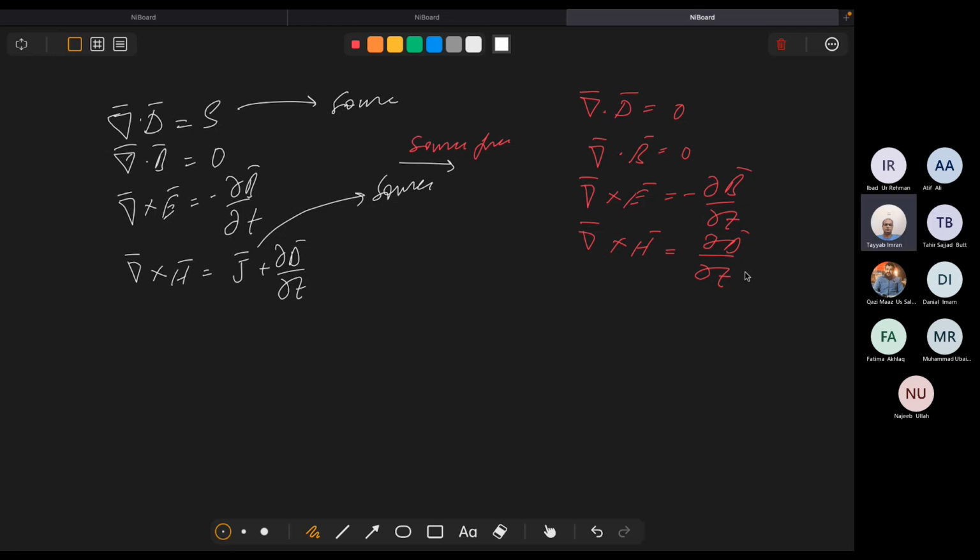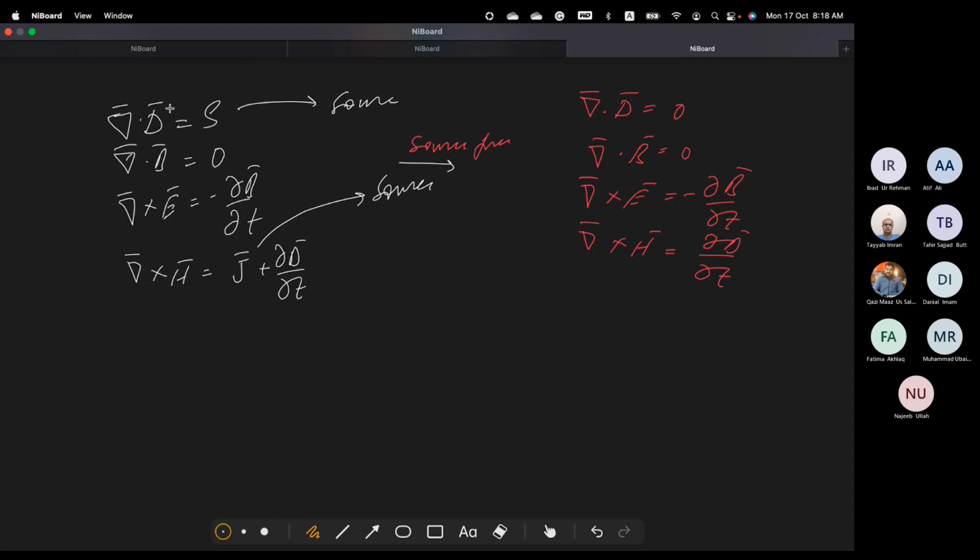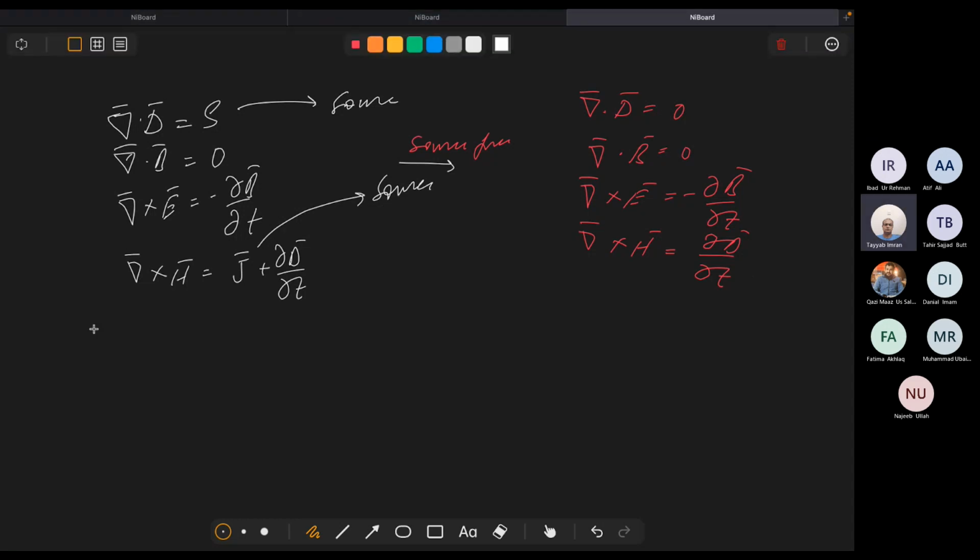ठीक है? And you know that D is equal to, okay, and so this equation we can write like, okay, so if without source, that would also be 0. ठीक है? Or in case of magnetic field, we already know that it's like this.